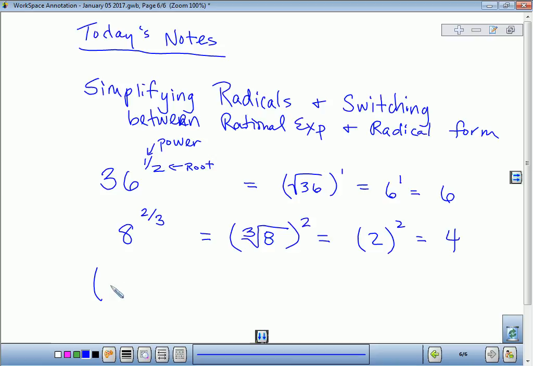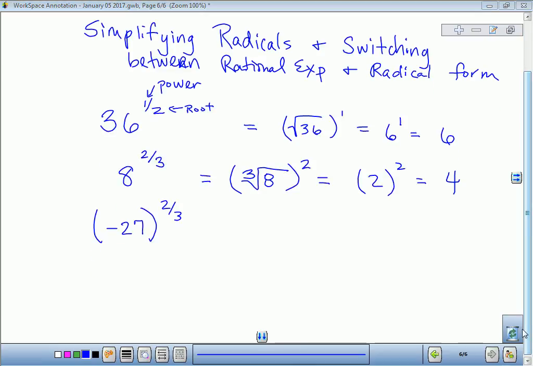Okay, let's do negative 27 to the 2/3. So this time we do the cubed root of negative 27, and then we square that. Now, we have to be careful here.